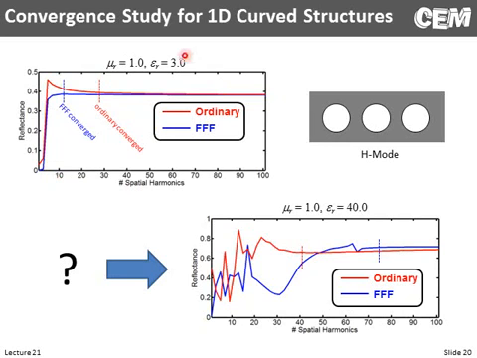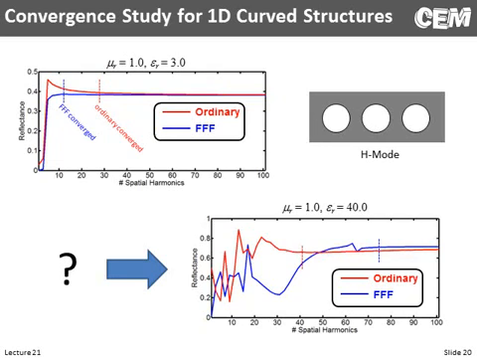Well, with low dielectric constants, we're going from air to dielectric constant of 3, we see fast Fourier factorization converges faster, no issues. Well, what if we go to high permittivity, something with a dielectric constant of 40, and we look at the two? Here it actually looks like the ordinary is converging faster.